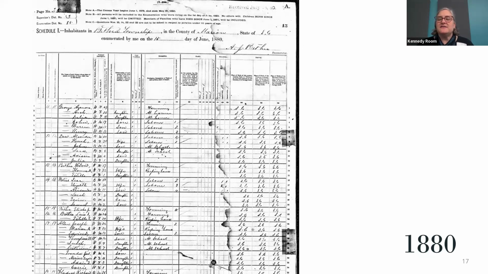And then nativity question for each person, i.e. what state or country were you born, and their parents, which is sometimes helpful because you can sometimes tell very easily if this is a stepmom and which kids were hers and which kids were the first wife.